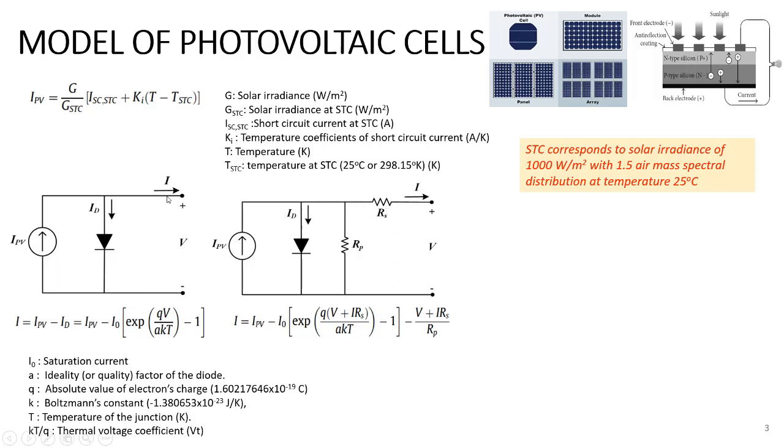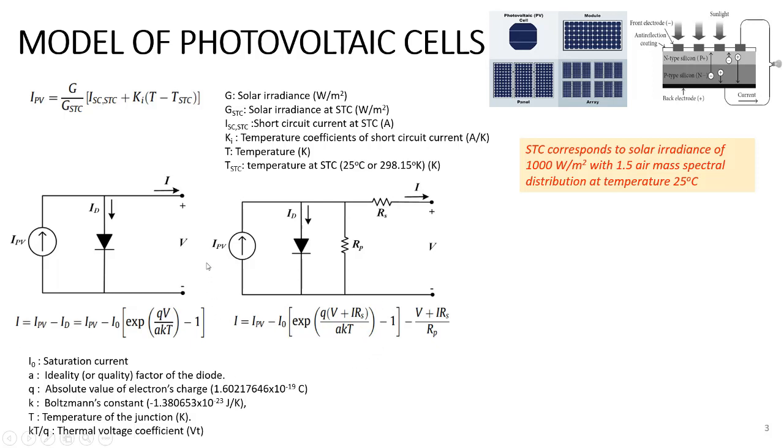The current going through the diode ID is specified by the below stated parameters, and this part is the ID current in the ideal diagram, while this part is the ID current in the practical diagram. As you may find over here, RS resistance is taken into account.